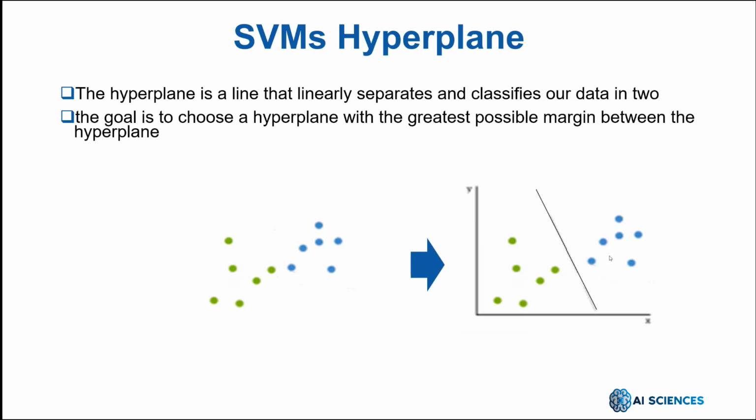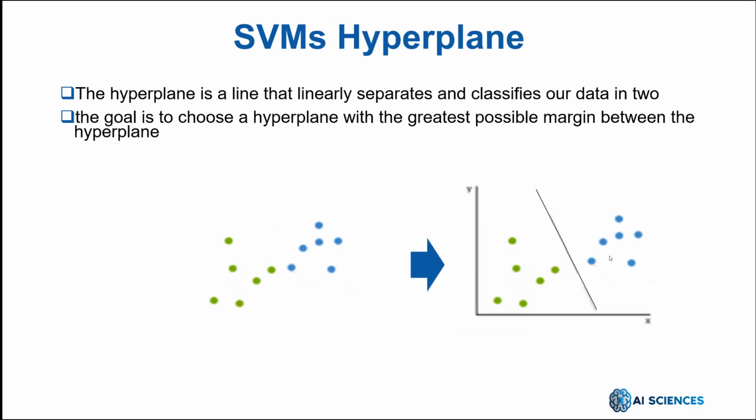Intuitively, the further from the hyperplane our data points lie, the more confident we are that they have been correctly classified. We therefore want our data points to be as far away from the hyperplane as possible, while still being on the correct side of it. So, when new testing data is added, whatever side of the hyperplane it lands on will decide the class that we will assign to it.